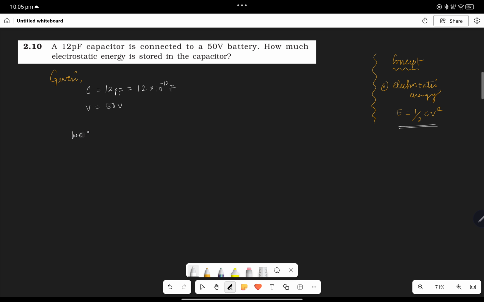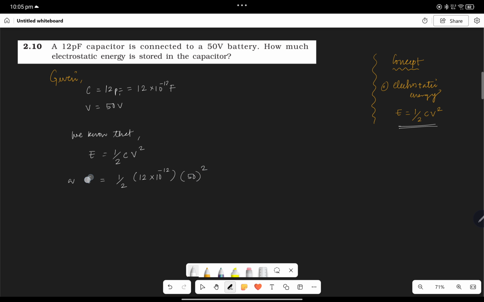So we know that E is equal to half CV square, right? So you have to just put the values: 1 by 2, C in SI unit is 12 into 10 to the power minus 12, and V is 50 square.